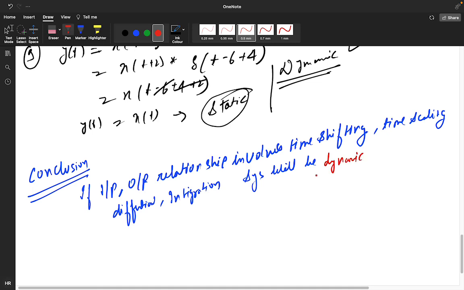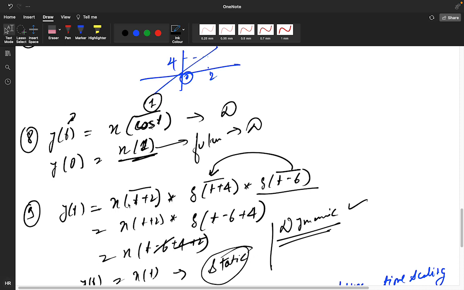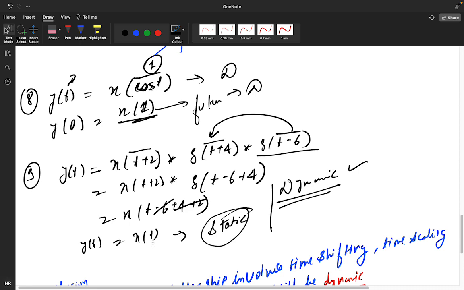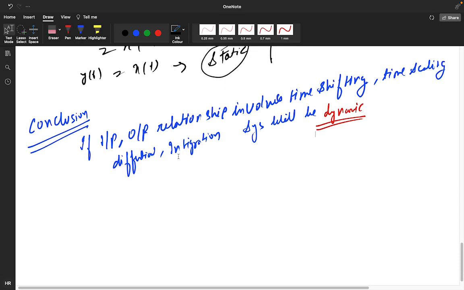So here, in this example, time shifting is there. By calculating this you are getting x of t, but there is a time shifting. So from that, always remember this conclusion.